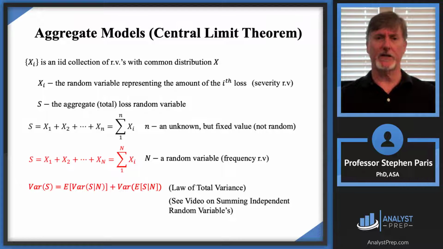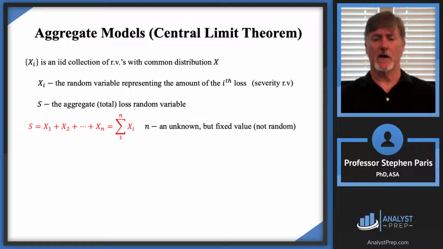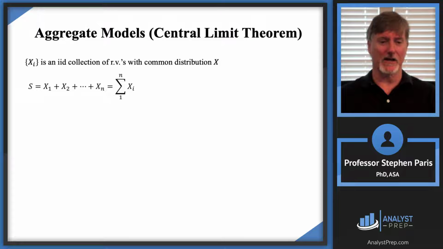But for the rest of this video, and on exam P primarily, the types of problems you're going to see are problems where you have a fixed but unknown number of terms, or you might have a known number of terms. So let's look at a summation like this. This is a general summation now, so generally the capital X's here could represent other random variables, random variables that represent some other property, not necessarily losses, but could be anything.